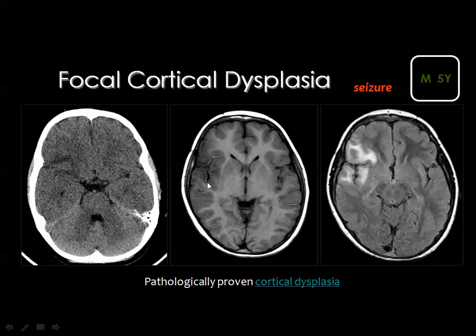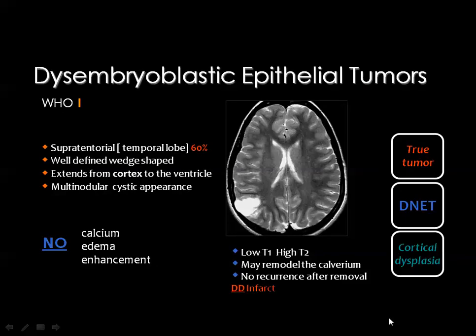And this lesion is hardly seen by CT, but it can be appreciated in the MRI T1 weighted image, but it is well demonstrated by the FLAIR images. Then sometimes you may need a biopsy from the lesion to confirm the possibility of focal cortical dysplasia and to exclude the possibility of a neoplasm.